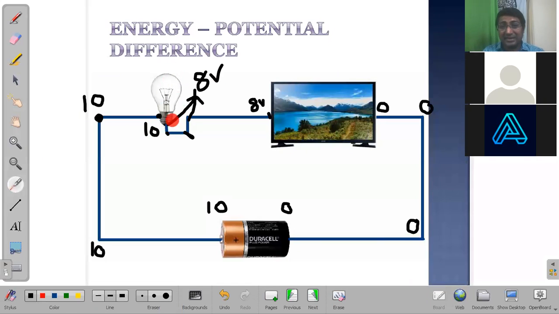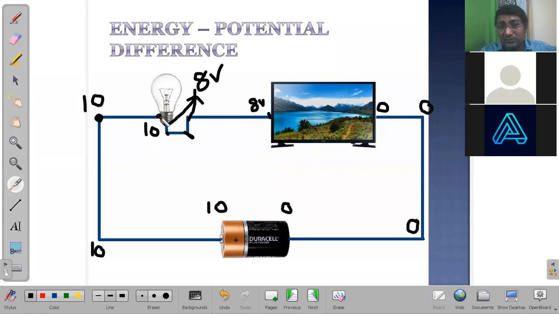So that means the bulb is consuming 2 volts of energy from the battery. And what is this television doing? It's 8 volts on the left and 0 volts on the right. So 8 minus 0 is 8 volts. So this television is actually absorbing 8 volts of energy, or in simple terms, the potential difference at the ends of the television is 8 volts.